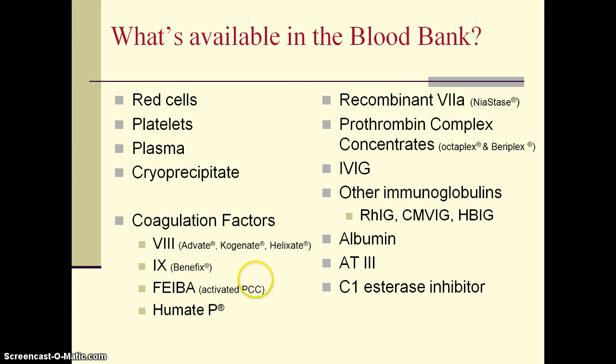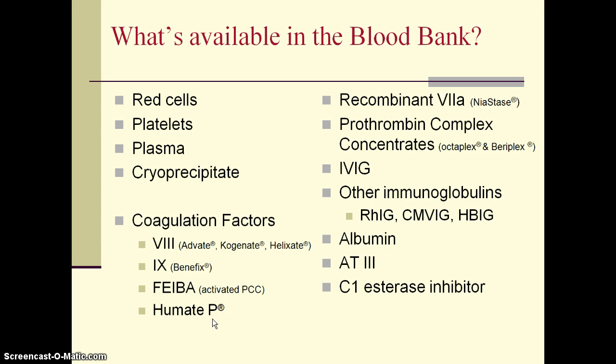The other product used in that indication is recombinant 7A, and those are the only 2 major indications or licensed uses for FEIBA and recombinant 7A. Recombinant 7A is also licensed for the treatment of congenital or hereditary factor 7 deficiency.